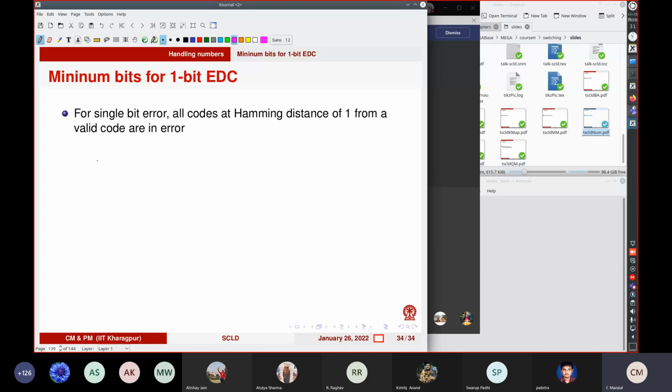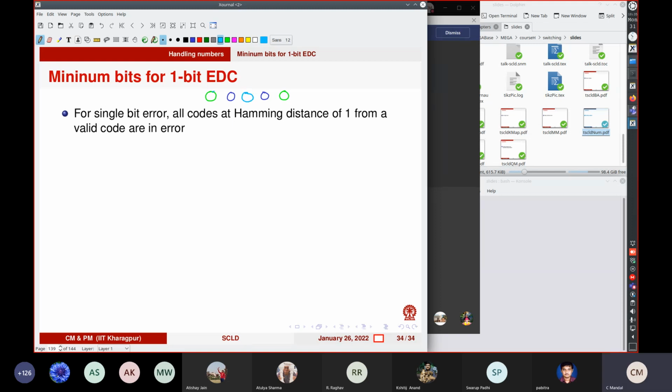So going by the analysis that we have done, just diagrammatically, if this is a good code, all right, so for error detection, if these are problematic codes, you need a separation. But for error correction, you don't.